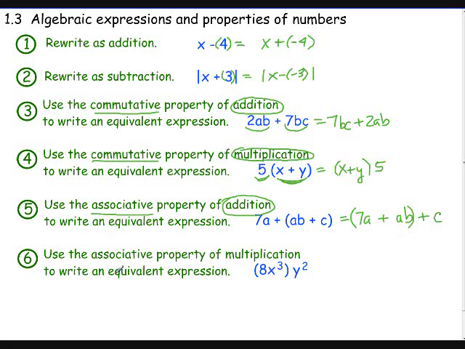So that's the associative. Associative property of multiplication. Again, the position isn't changing, nothing is commuting. So we've got three factors here. We've got an 8, we've got x cubed, and we've got y squared. We're going to use the associative property. Instead of associating the 8 and the x cubed, we're going to associate the x cubed and the y squared.